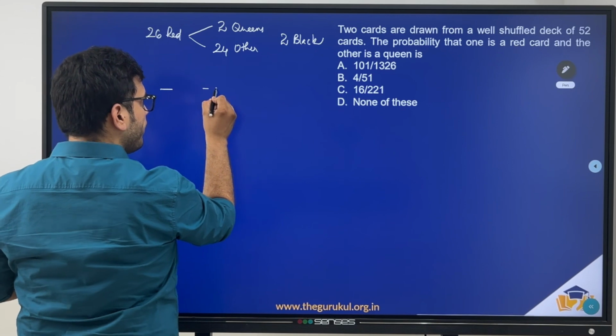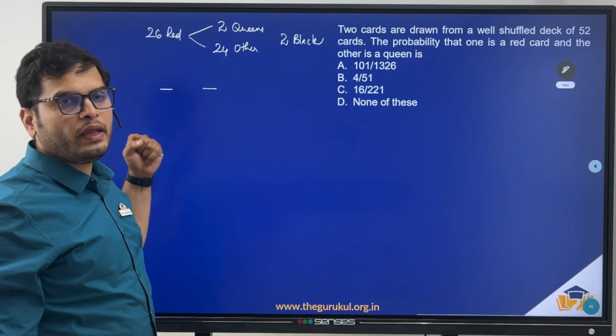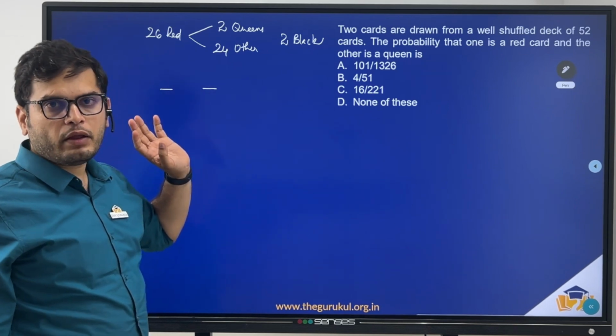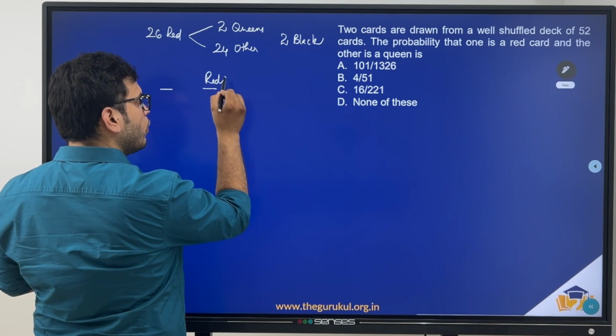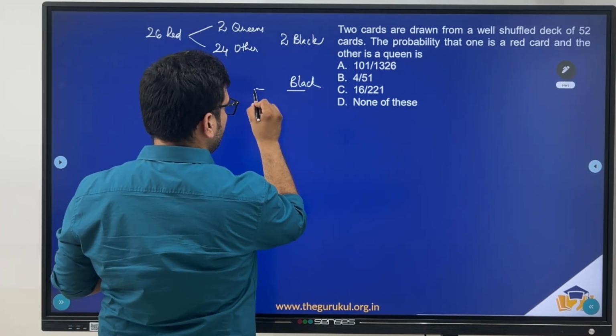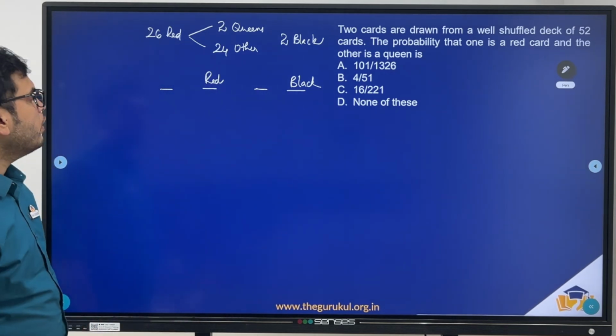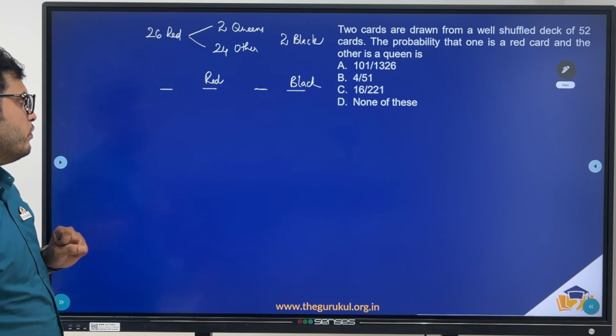Now we should be picking 2 cards in which one of that should be red and the other one should be queen, right? Now this could be either a red queen or a black queen, right? Now, if this is red queen, then you will be having 2 cases, right?